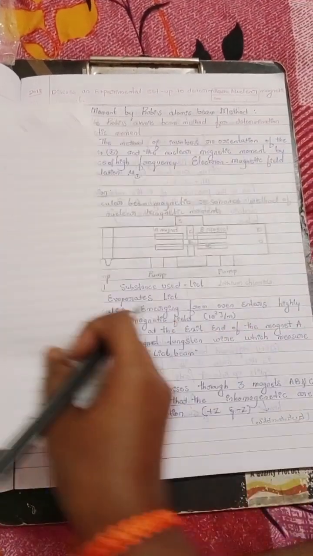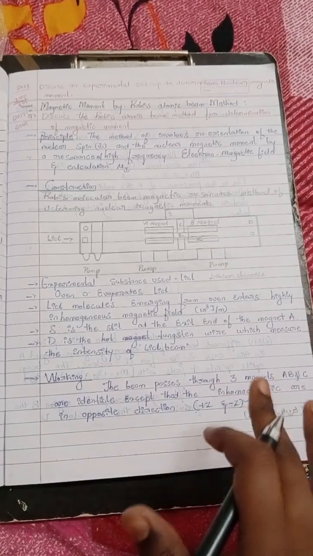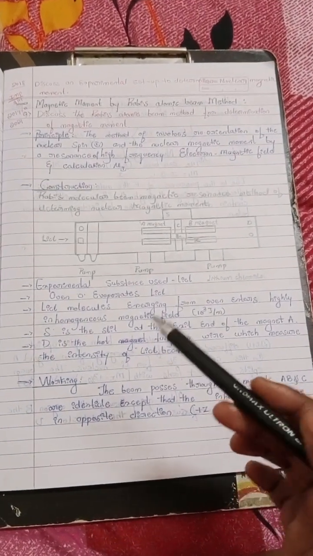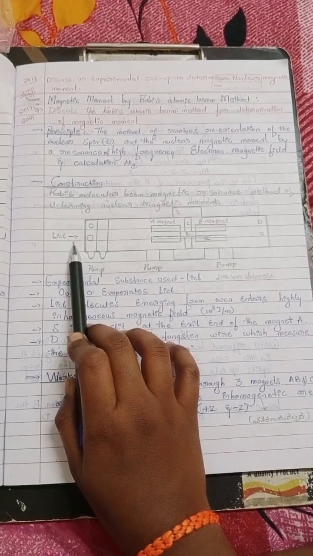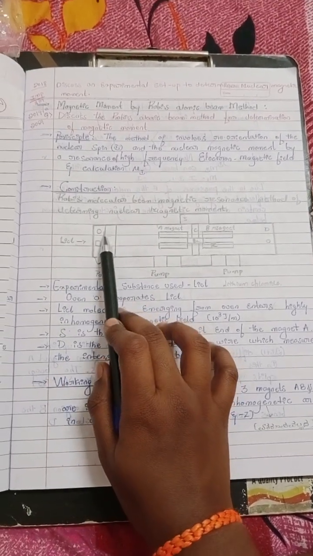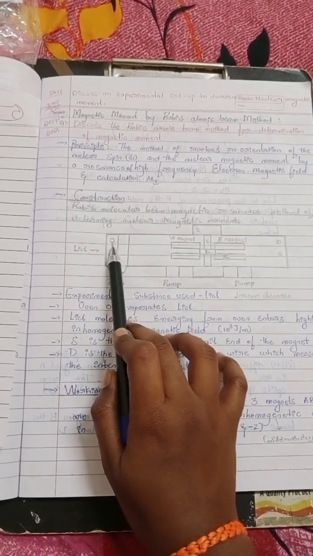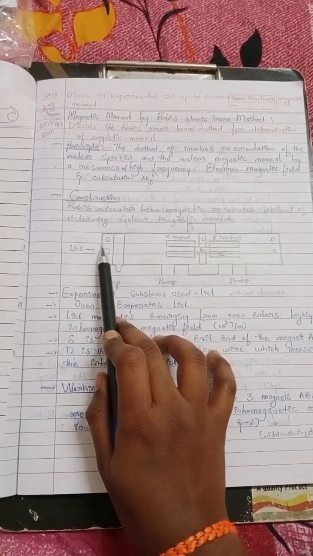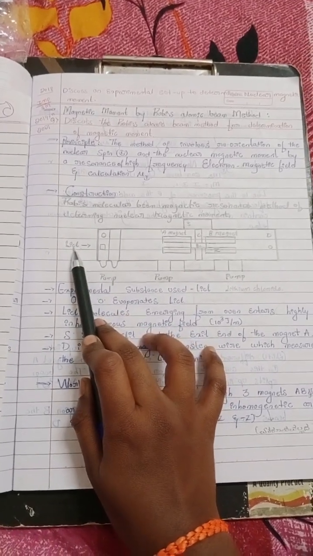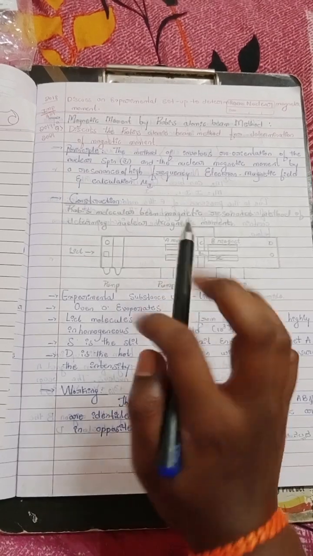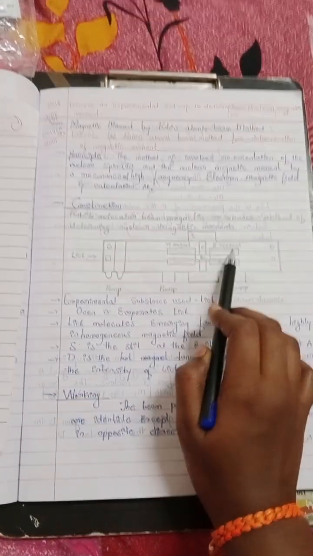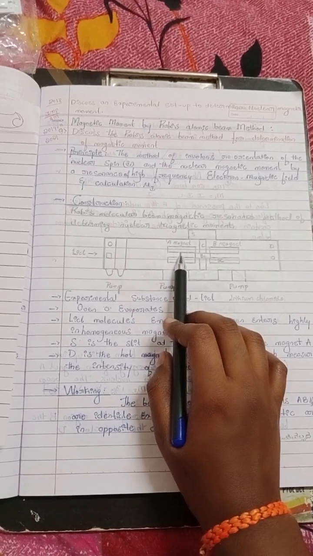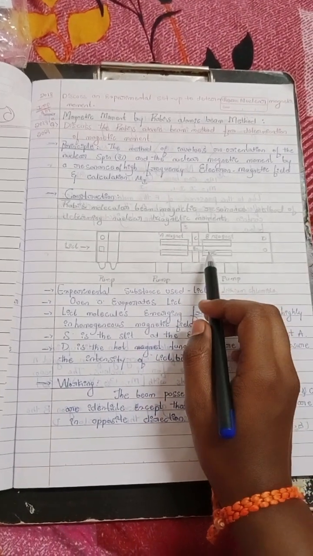So what is the construction of this entire experiment? Here we are considering a lithium chloride substance, and O is an oven for heating the lithium chloride substance. We are taking three magnets: A and B are kept horizontal and C is kept vertical.